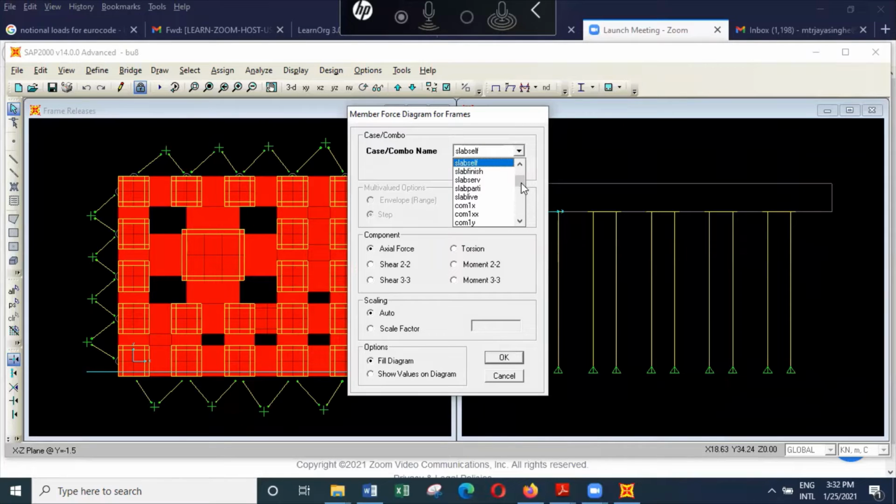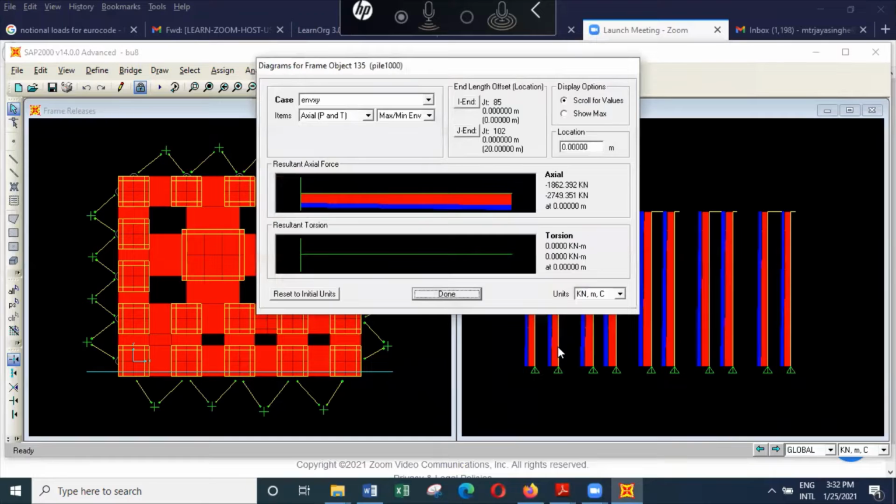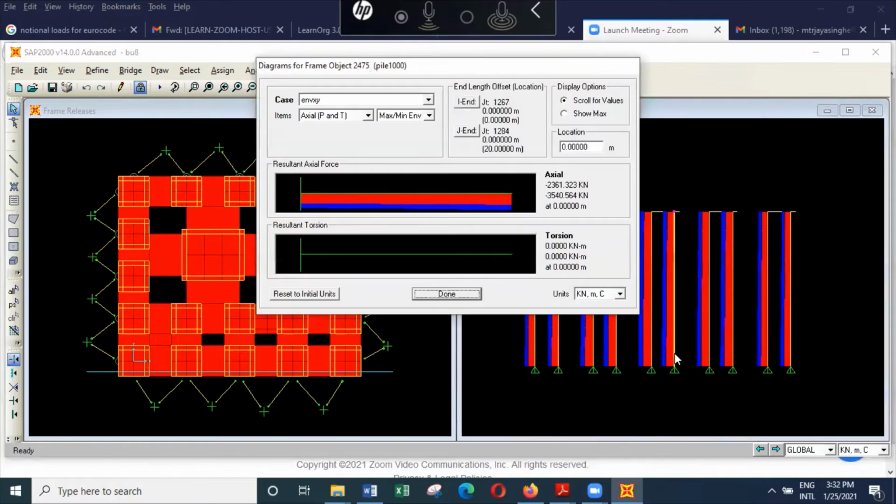And we can look at the ultimate condition and the axial force, and you can see the values like 2749, and these are actually on the edge columns, so may not be the most heavily loaded.